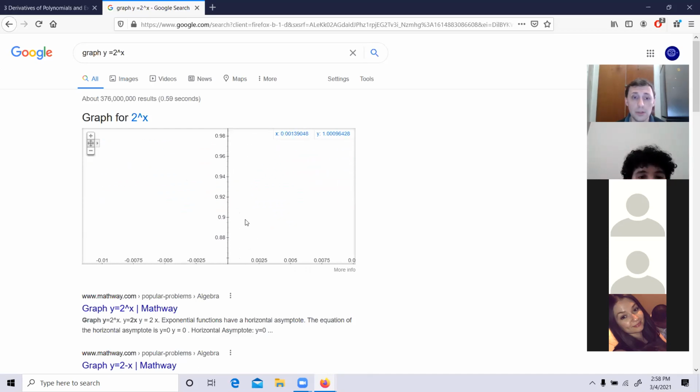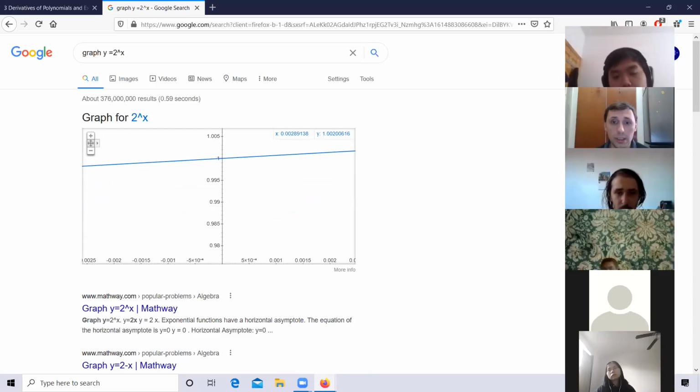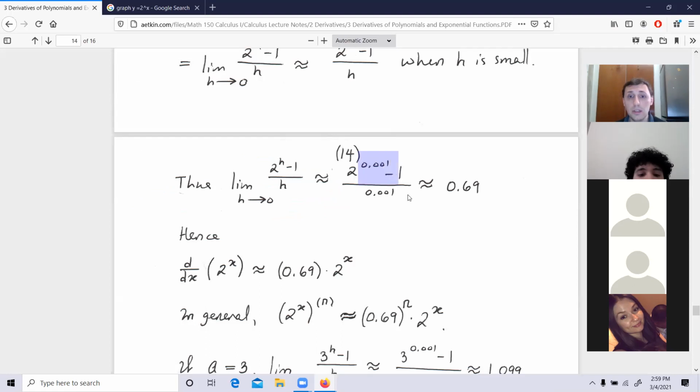And I continue, 0.005. Here, you see this? This is my 0.001. So I'm using this point to estimate this point and this point to estimate the slope. Very close. You agree? So I plug it in the calculator, and what I get is approximately 0.69.